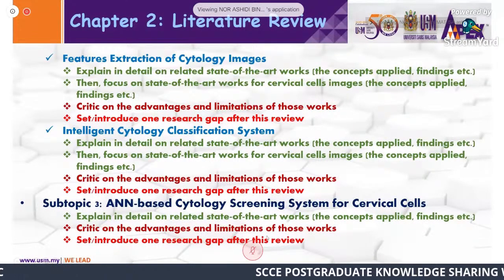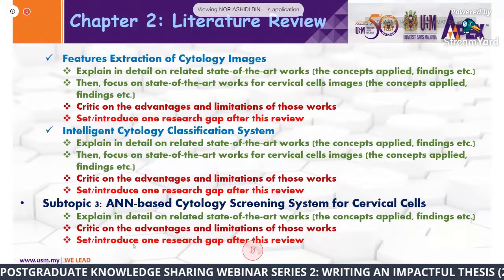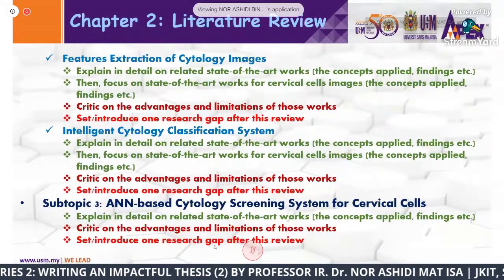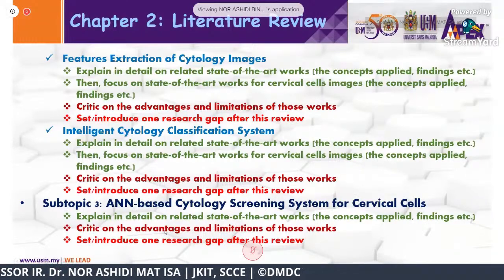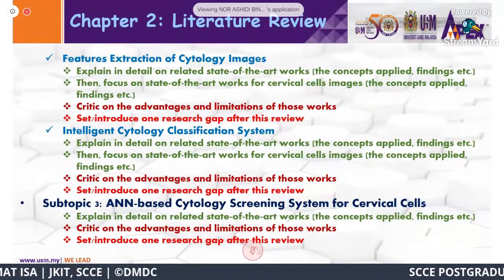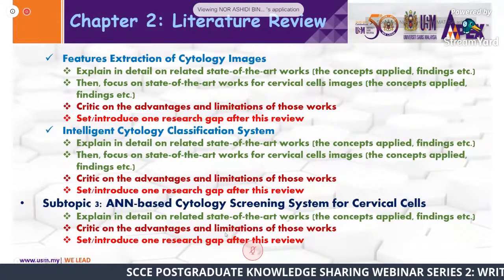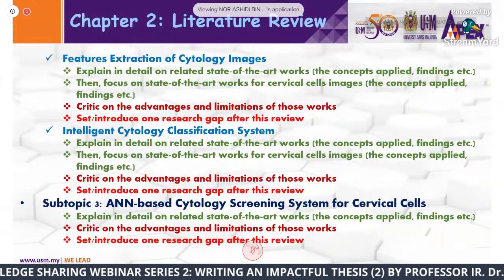What is the problem of the existing systems? Okay, so to derive a research gap is only 1 or 2 sentences, not more than that, because you already clearly discussed the limitations and advantages here. So at the end, you just end your paragraph with 1 or 2 sentences that highlight the main research gap to be focused.